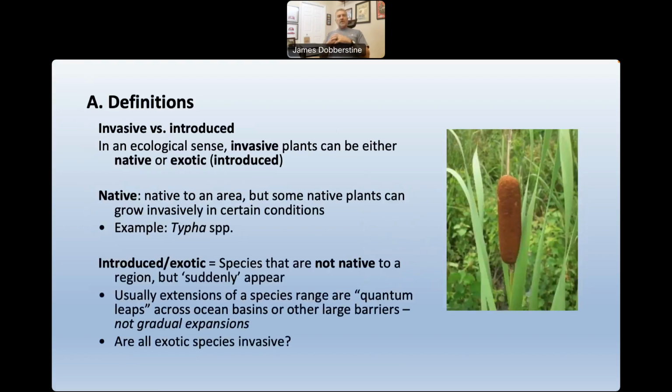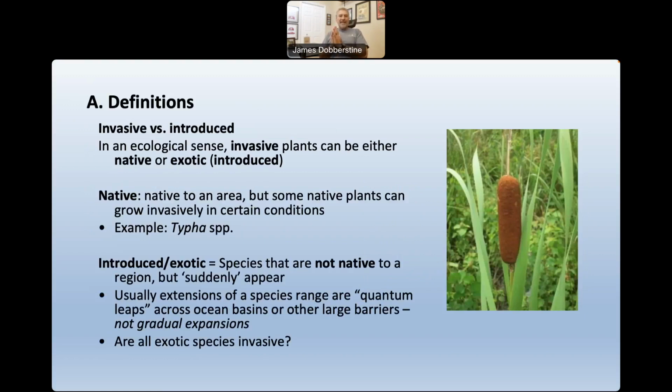All right, so let's talk through some definitions because I often find that with students there's some confusion between invasive versus introduced, right? So invasive plants can be native or they can be introduced, right?